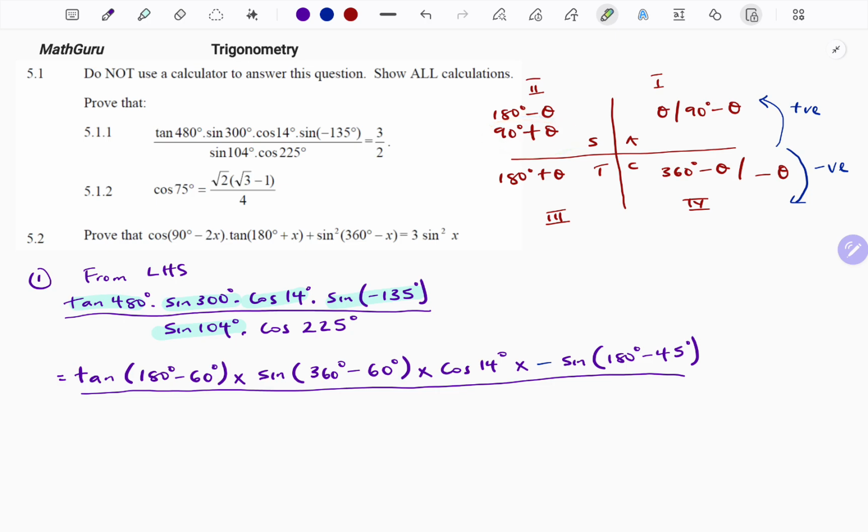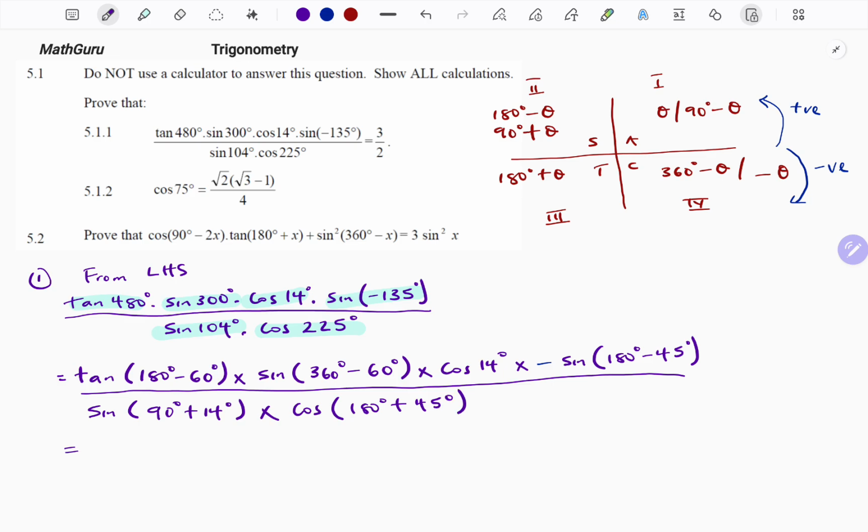If I look at 90 plus theta, that will give me 90 plus 14 degrees. And remember, I have that cofunction hanging at the top. So I'm going to use this cofunction reduction and change that to the sine of 90 degrees plus 14 degrees, times, last but not least, cosine of 225, that falls in the third quadrant. So that will be the cosine of 180 plus 45 degrees.